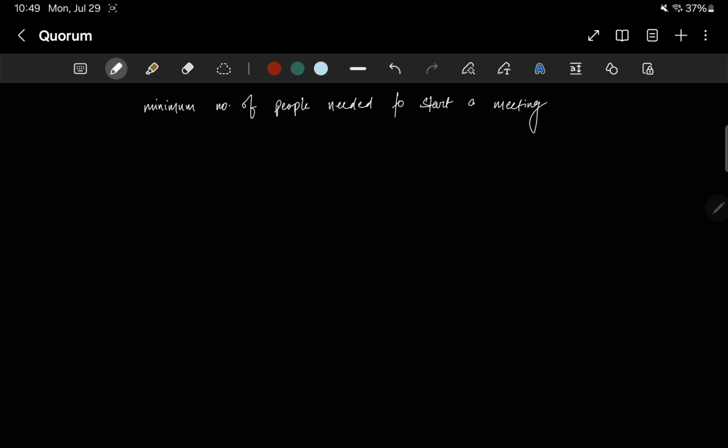And this is the same concept that's used in distributed systems. But here, instead of people, we have nodes, and instead of a meeting, it's a kind of decision making. That's what generally happens in a meeting, right? So, if let's say the quorum is 7, it means the minimum number of people required to start a meeting is 7, and if we have less than 7 people, then the meeting will not happen.